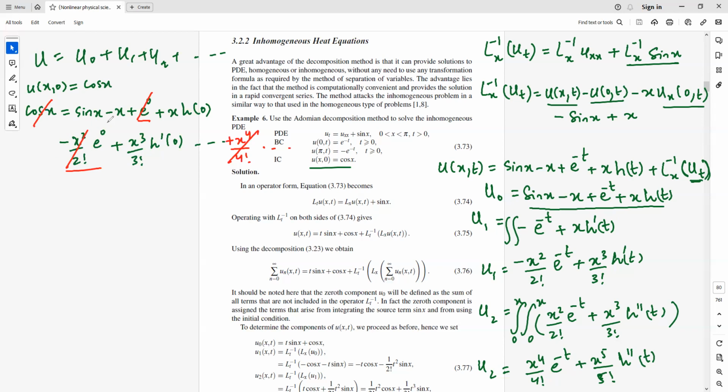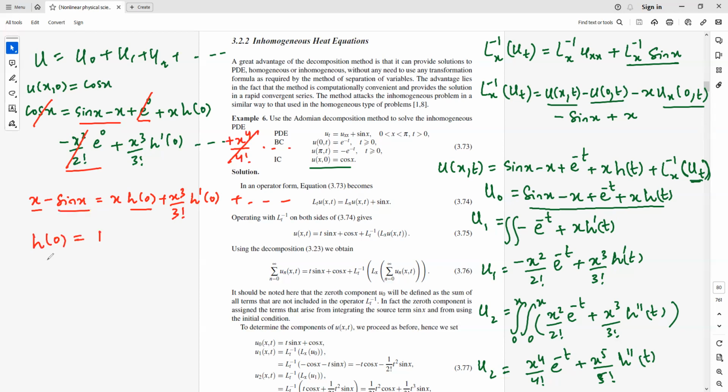Now we are left with, if we move these terms to the left, x minus sine x equals x h(0) plus x cube over 3 factorial h prime(0), and so on. Therefore, h(0), if we compare with this, we will get h(0) equals 1.